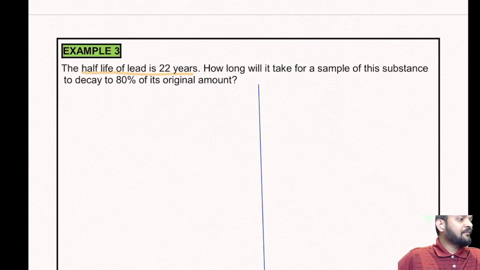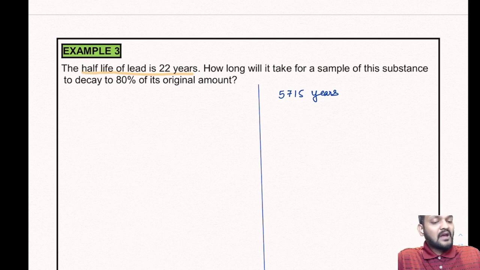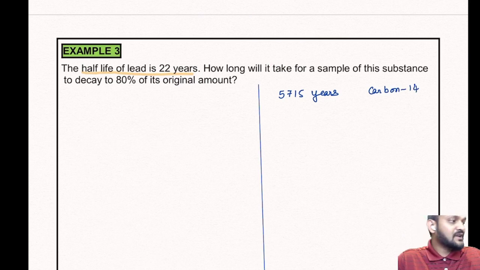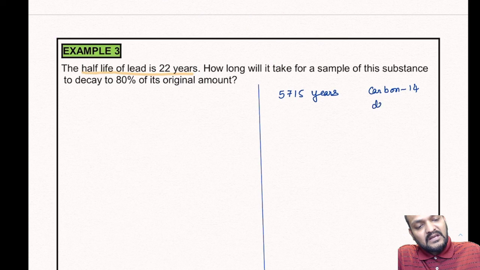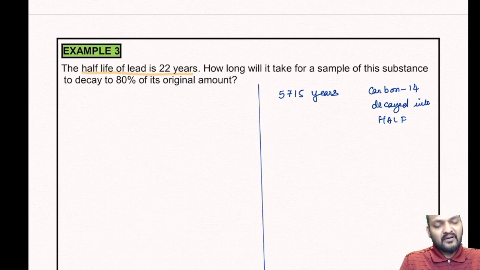It takes 5,715 years for the amount of carbon-14 to become half, to decay into half, right? And this is called the half-life period.